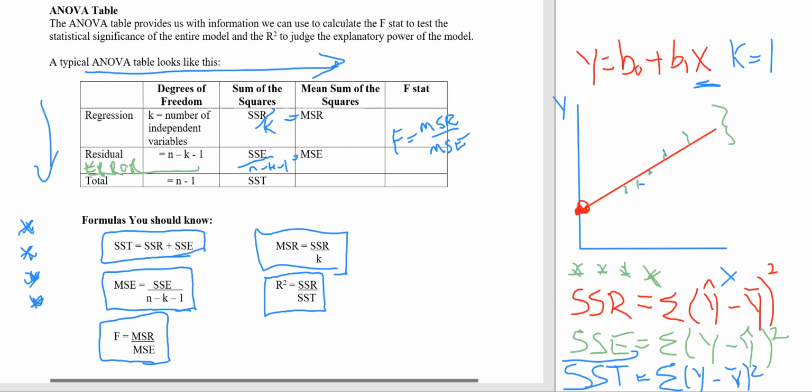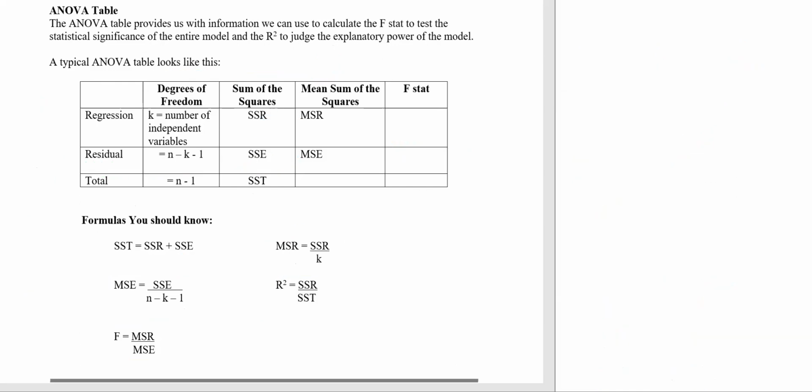In terms of one other point, I'm going to clear this off. One other point that I want you to take away, because the learning outcome statement says use the ANOVA table to calculate the standard error of estimate. The standard error of estimate, the SEE, was the standard error for our model, and we need to use a sneaky relationship.